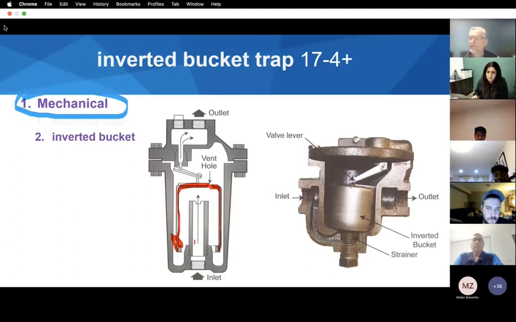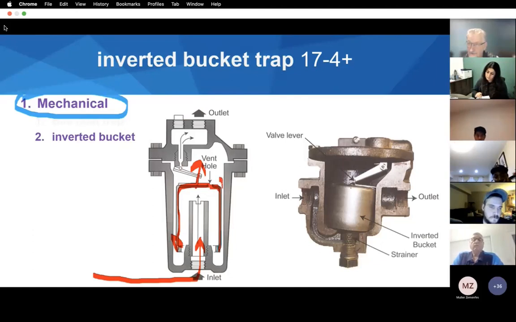Yeah. So this will float. We're going to connect some steam to the bottom here. And as long as this thing is just full of steam, nothing will happen. It will have a closed valve. As long as this thing is full of steam, it's going to float to the top. Okay.